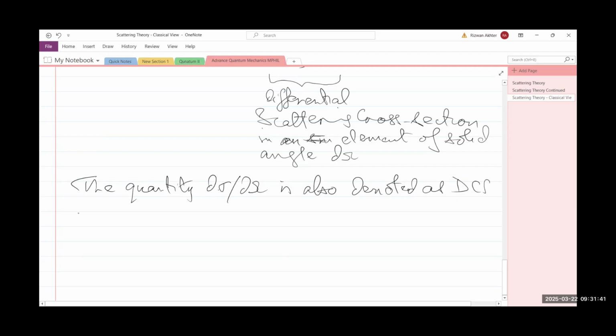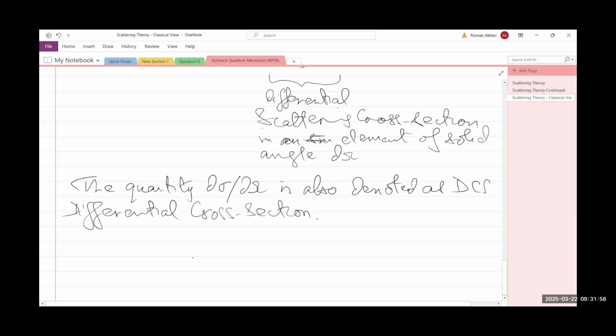DCS का मतलब differential cross section. Yeah, so this is sometimes used in certain books.